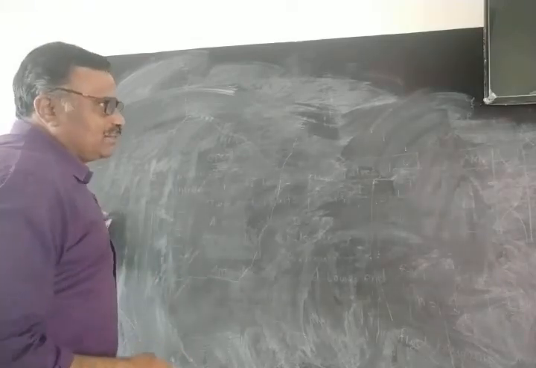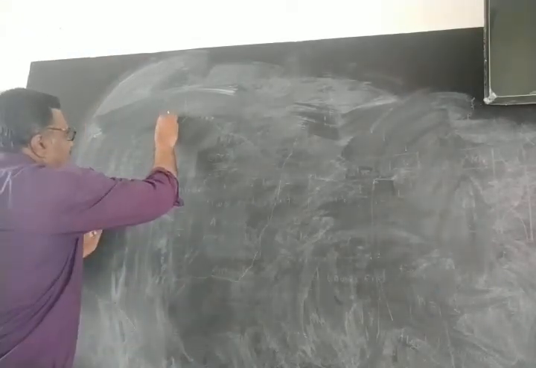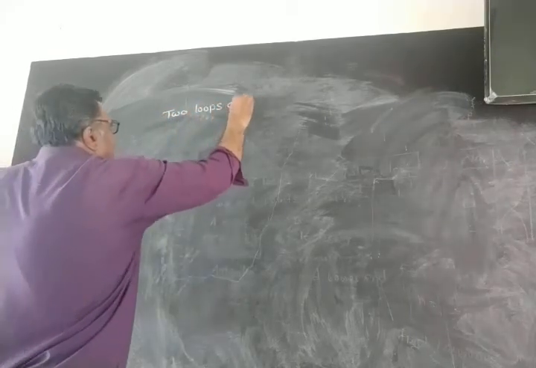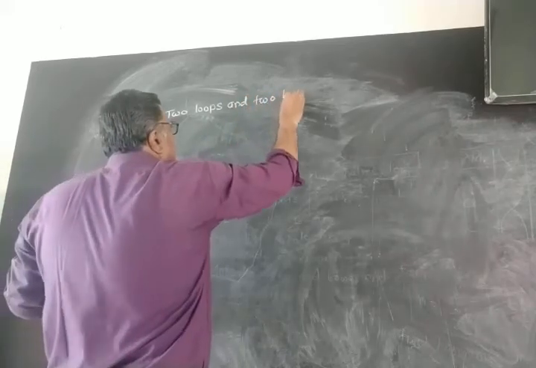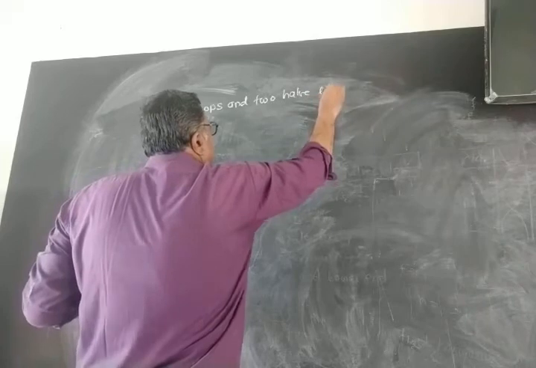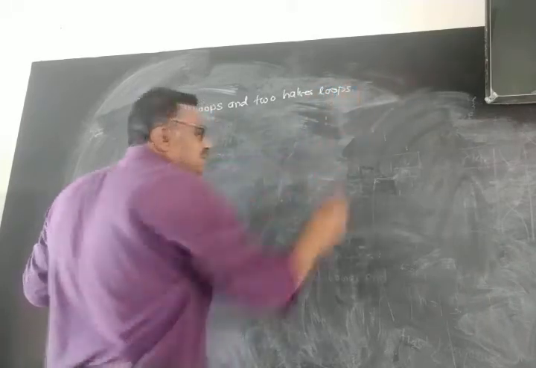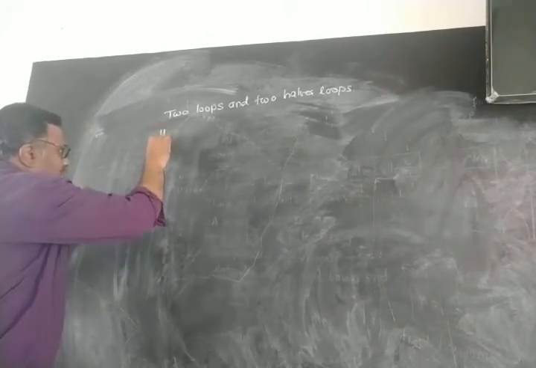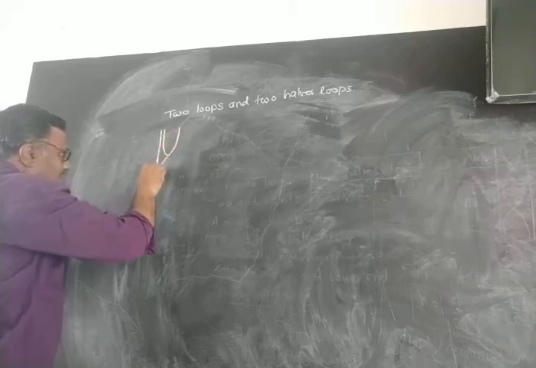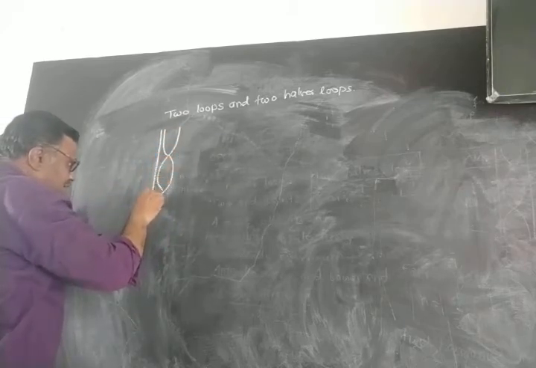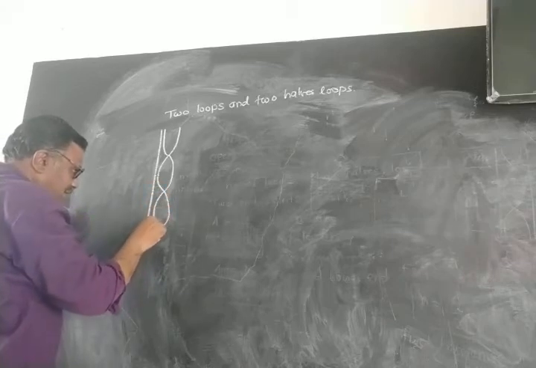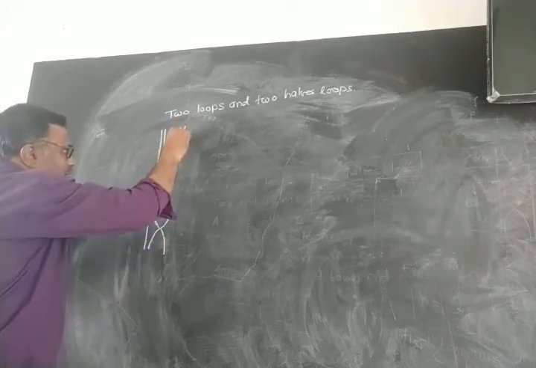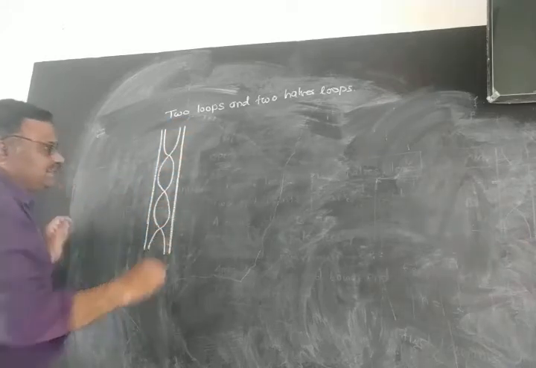Now we calculate the next frequency of vibration. Suppose two different loops and two half loops are obtained inside the air column.